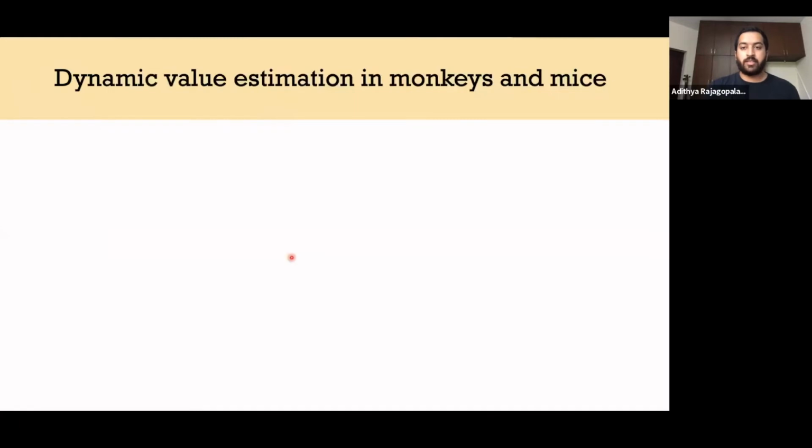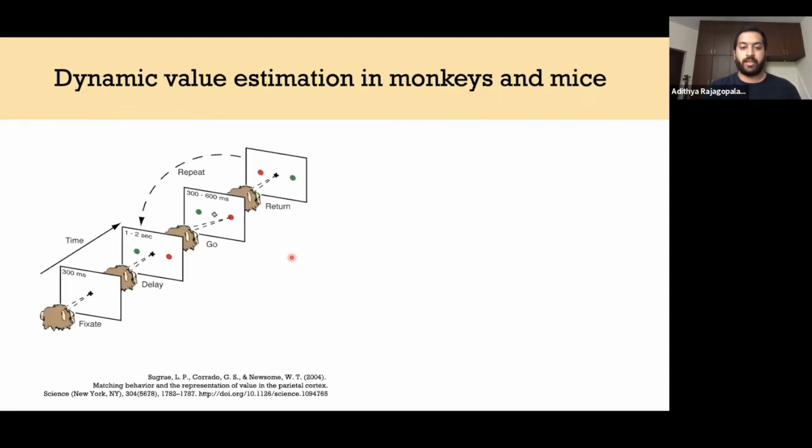These questions, or versions of these questions, have been asked in a bunch of different species, including humans, pigeons, and for this particular example, monkeys and mice. In the monkey task, for example, a monkey had to choose between two visual cues, a green cue and a red cue. The red and green cues provided reward with different probabilities.